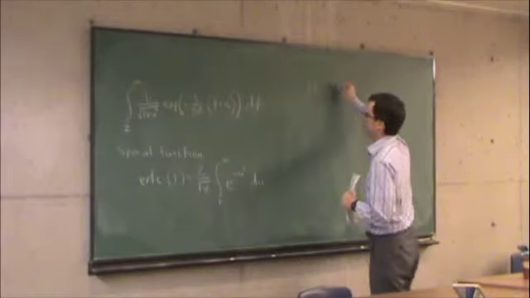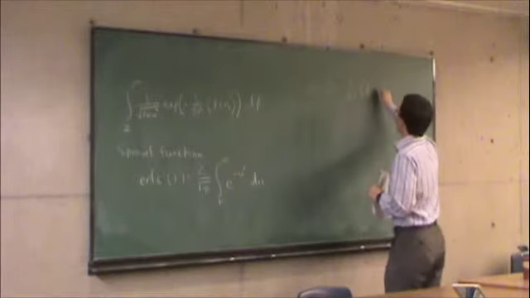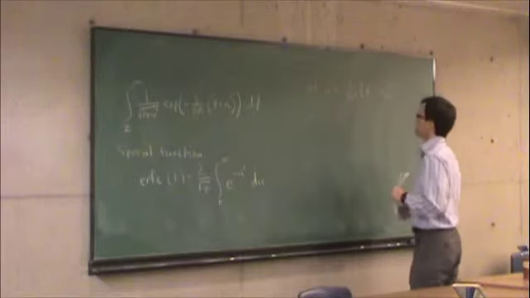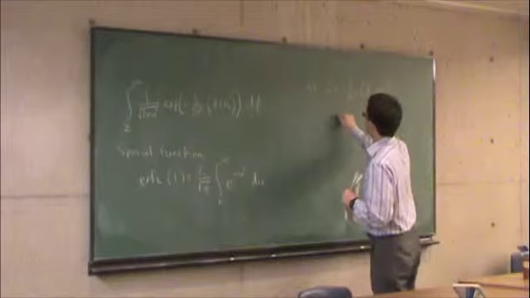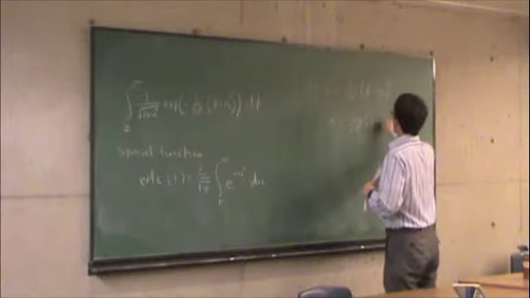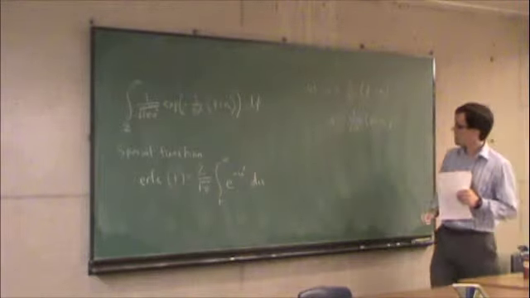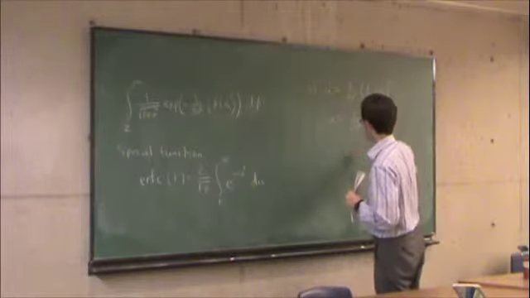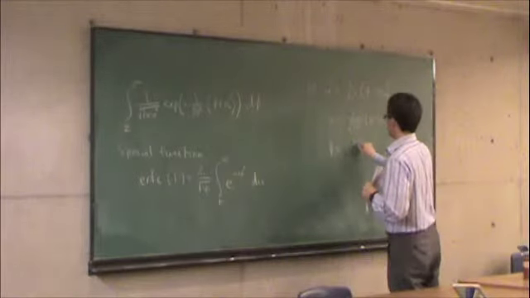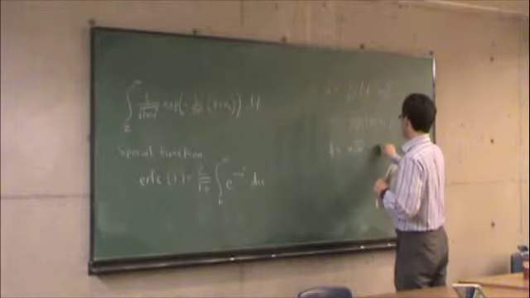So let's let u squared equal 1 over 2 sigma squared, (phi plus nb) squared. That means u is equal to 1 over the square root of 2 sigma squared, times (phi plus nb). We need two things. We need to solve for phi: phi is equal to u root 2 sigma squared minus nb.